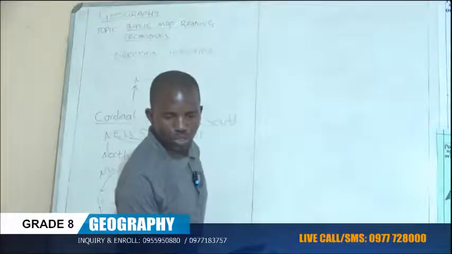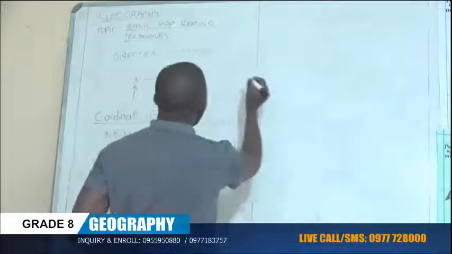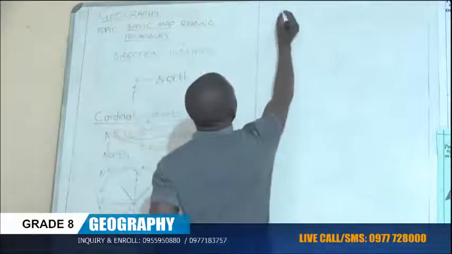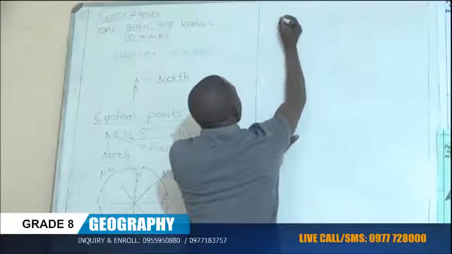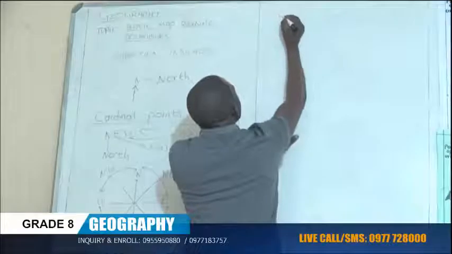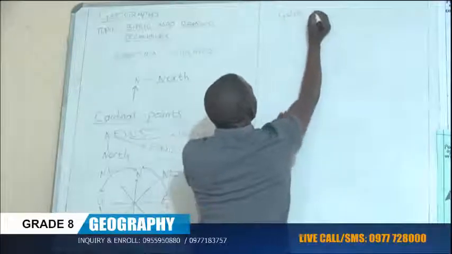Let us go to today's topic. We have what we call grid systems. We'll start from there, having looked at the cardinal points. We have got the grid systems.